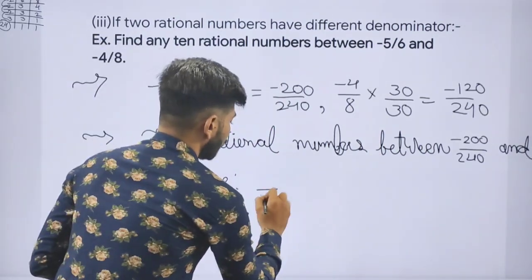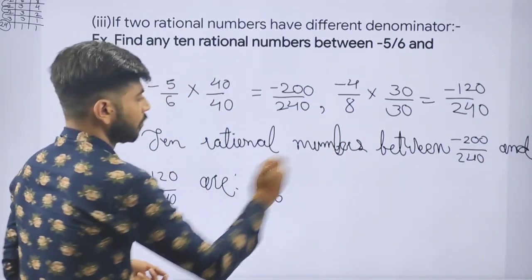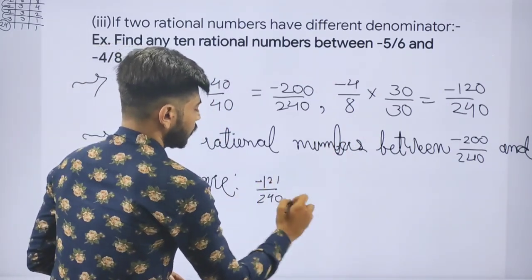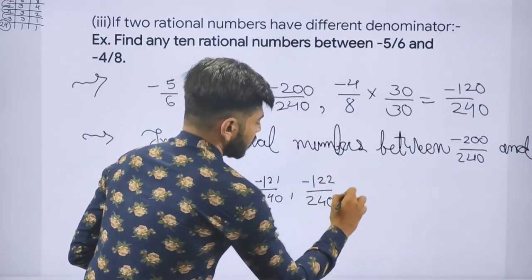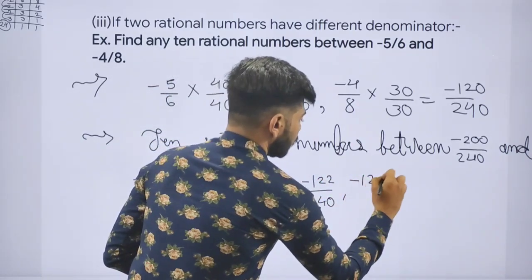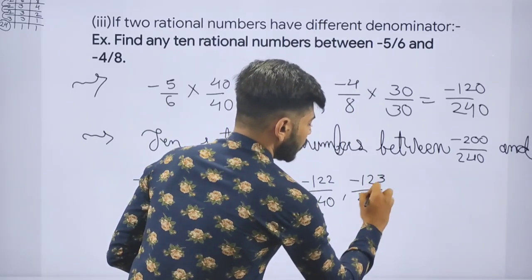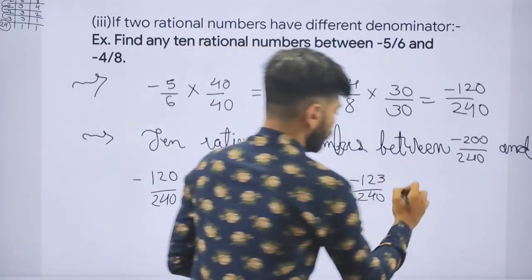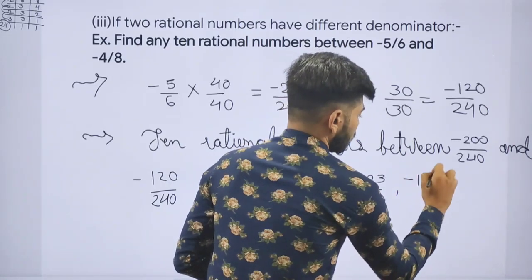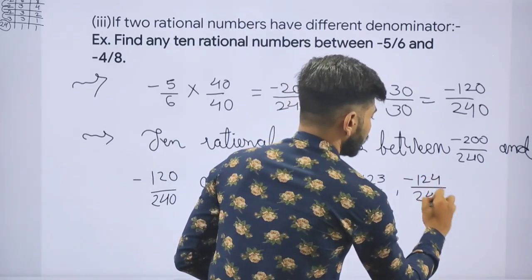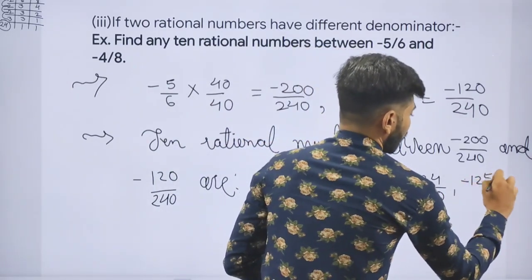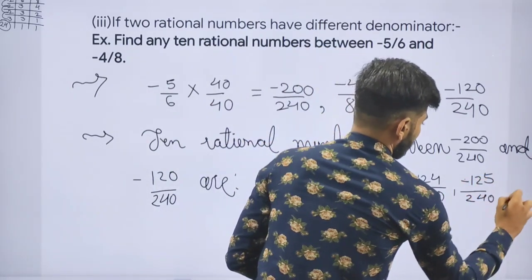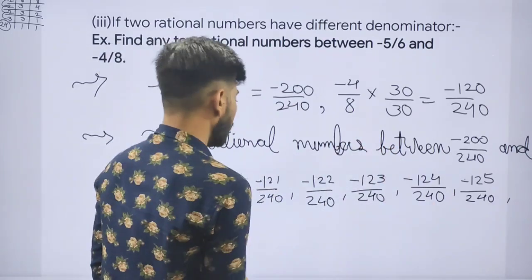So, 240. We will write minus 121 upon 240, minus 122 upon 240, minus 123 upon 240. Similarly, we need 10 rational numbers. We will write minus 124 upon 240, minus 125 upon 240. 1, 2, 3, 4, 5.